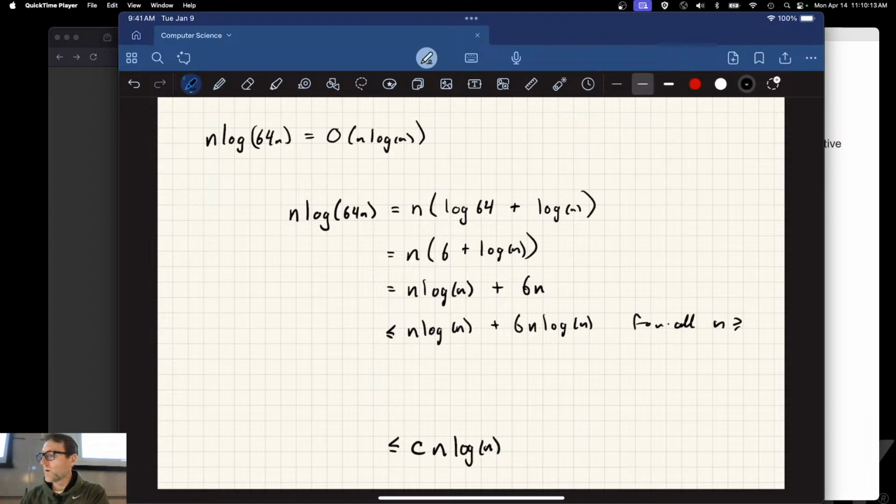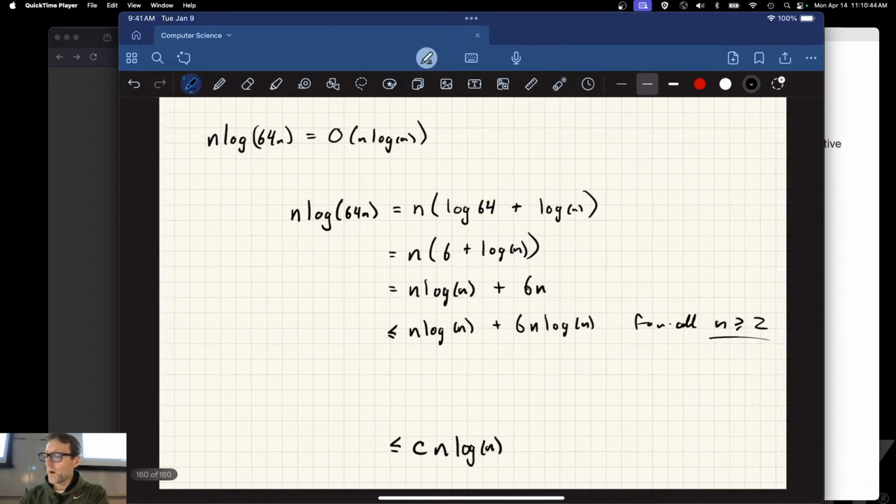Is it true for 2? 6 times 2 is 12. 6 times 2 times, what's log of 2? 1. Is that less than or equal to? Yep. And after that point, it doesn't matter, you can go 3, 4, 5, or whatever, it's going to be greater than or equal to. So be careful, your n's have to make sense for this technique to work.